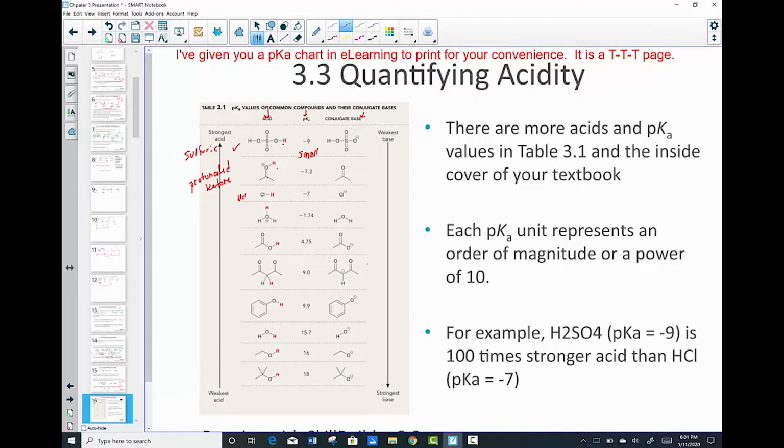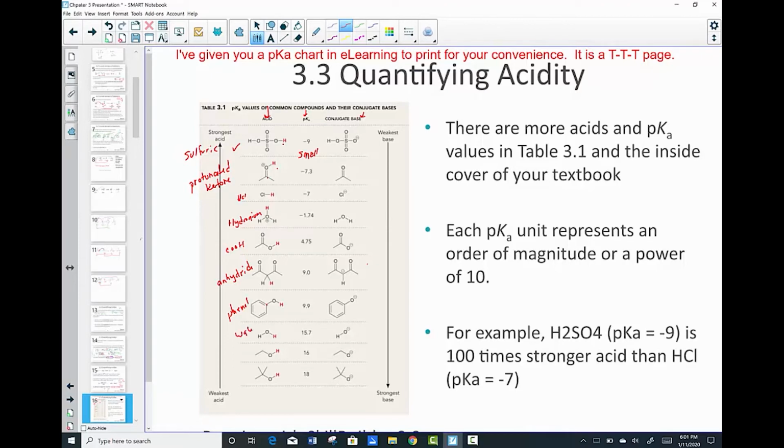Underneath that, you see hydrochloric acid, HCl. Here we have a hydronium ion, H3O+. Here's your carboxylic acid. See that? This is an anhydride. This is phenol, which means an alcohol is attached to an aromatic ring.